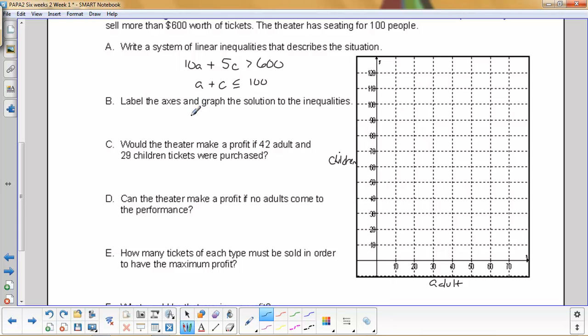Alright, so solving for C, I get C is less than or equal to negative A plus 100, and C is greater than negative 2A plus 120. Now I'm going to graph both of those.